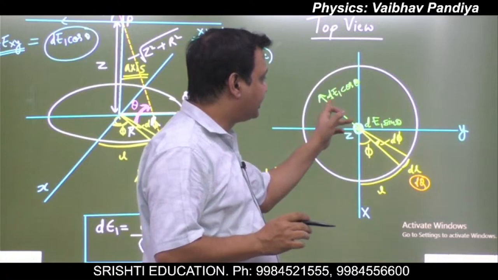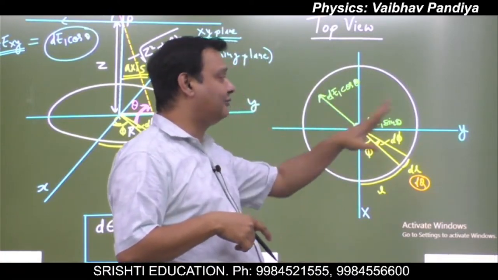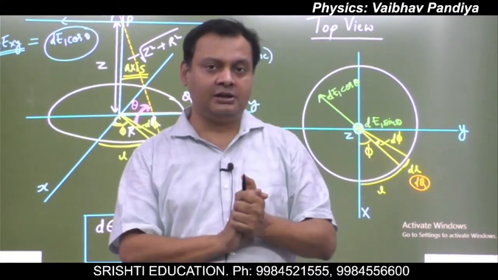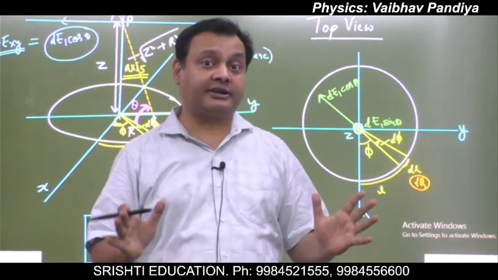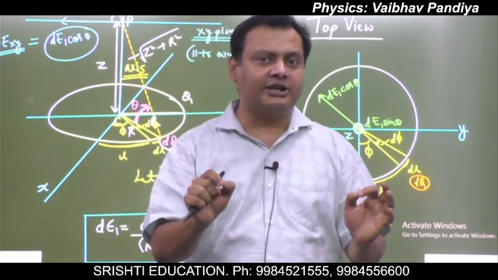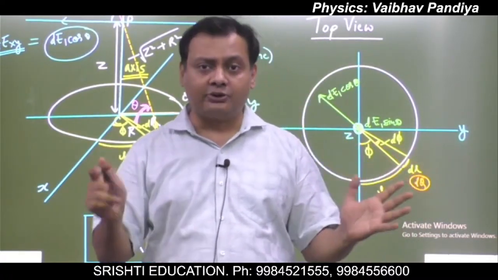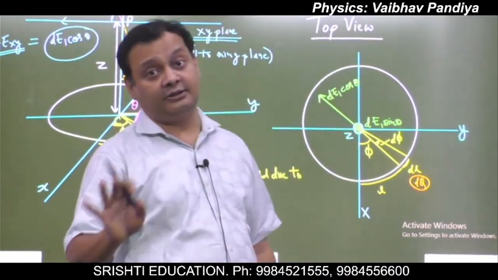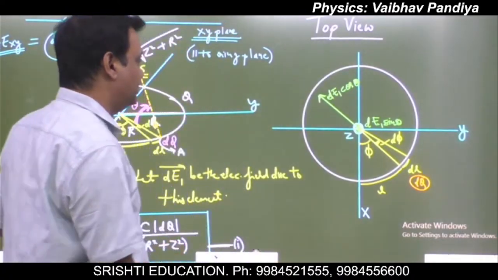Then we can integrate on the three different axes. But in this particular case, when the ring is uniformly charged, we can take advantage of symmetry and reduce some of the steps of integral. But this advantage can only be taken when the ring is uniformly charged. Then only symmetry will be present, okay?